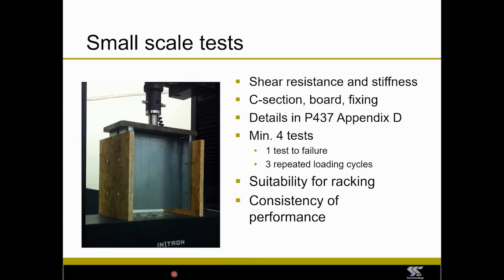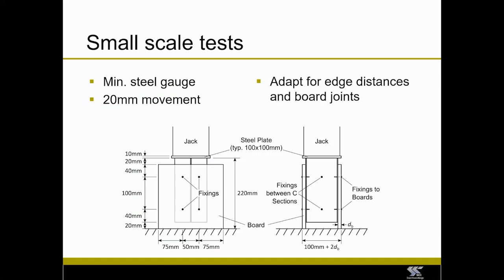So you can see the general arrangement. We've got boards attached to either side of some light gauge steel, and we apply a vertical load. There's a gap beneath to allow the load to be transferred through the fixings to the board, and to determine some resistances.